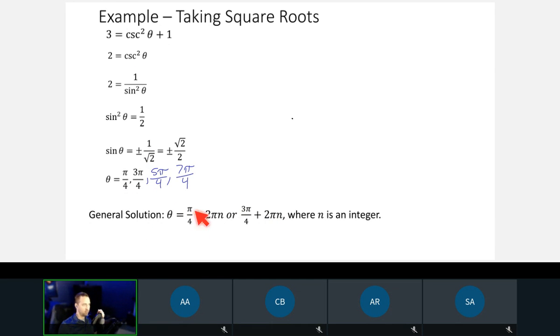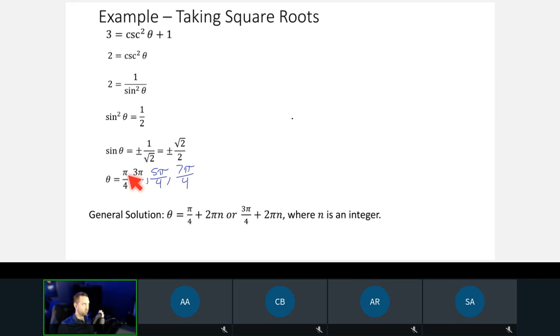But remember, I'm missing these two. So make sure in your general answer on your notes that you actually also put 5 pi over 4 plus 2 pi n, or 7 pi over 4 plus 2 pi n.